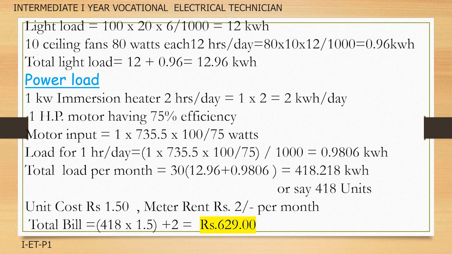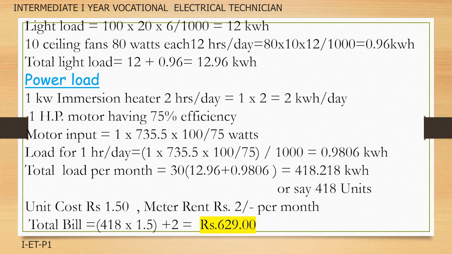Total light load is equal to 12 plus 0.96, which is 12.96 kWh. Then power load: 1 kW immersion heater for 2 hours per day is equal to 1 into 2, which is 2 kWh per day. 1 HP motor having 75% efficiency.